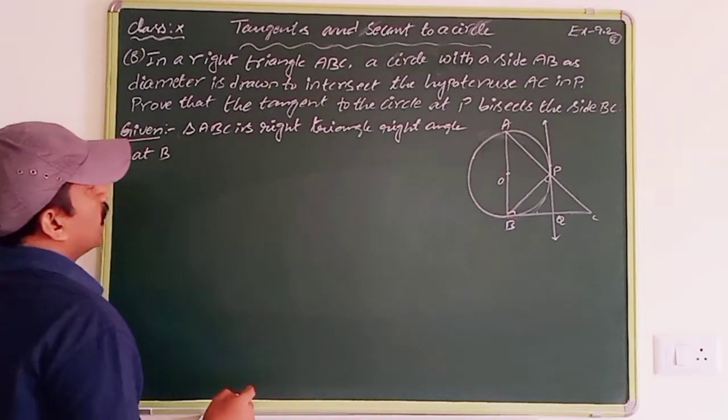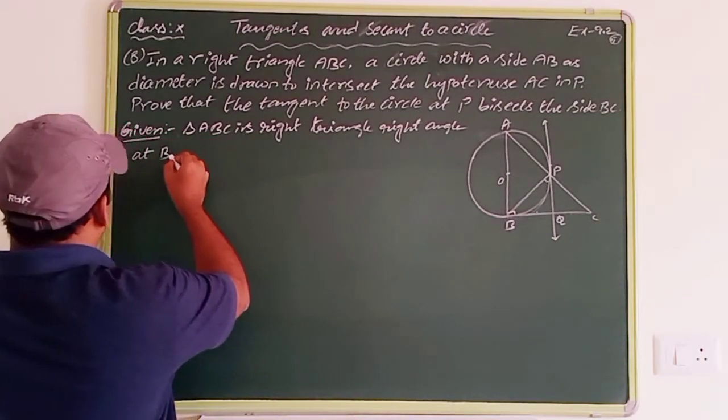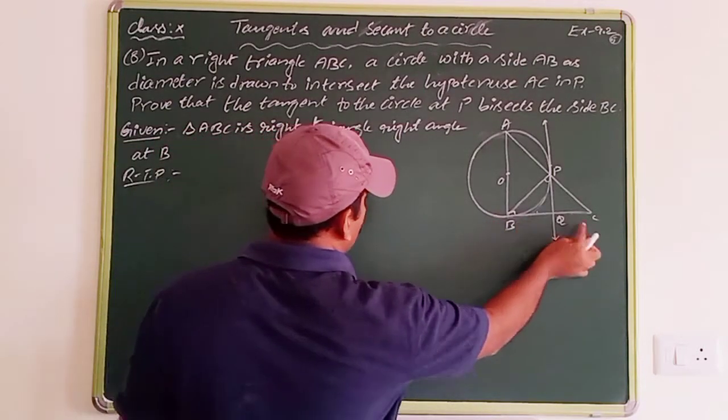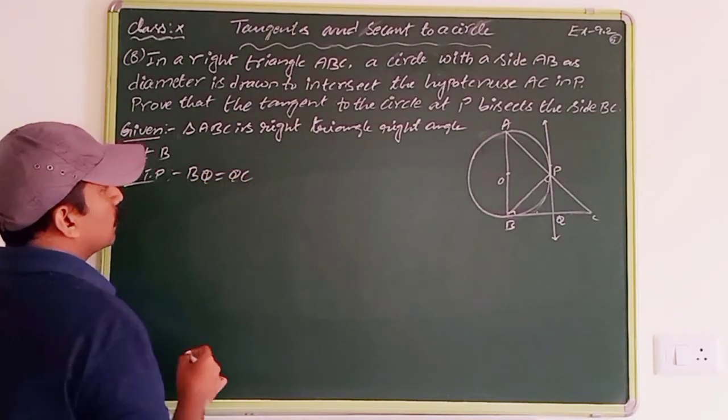PQ is the tangent they have given. Okay, so RTP, what we have to prove? We should prove that BQ is equal to QC.